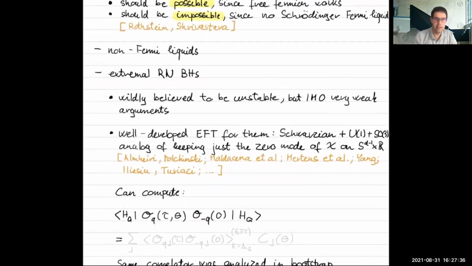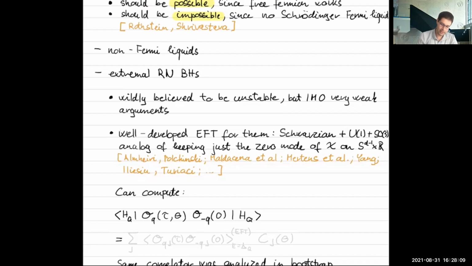Now, I know that in one part of the literature, they are widely believed to be unstable. But at least in my opinion, the arguments for their instability are very weak. On the other hand, in recent years, and I put some citations here, there has been a lot of progress in developing an EFT for these from the gravitational perspective.